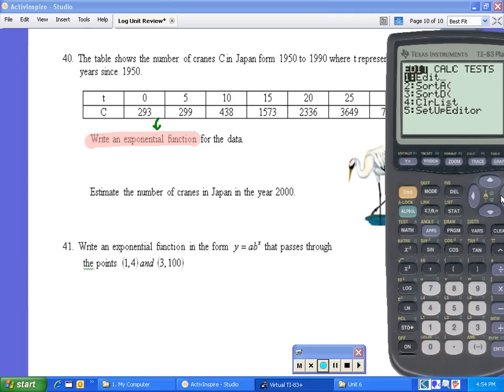Then you're going to go to Stat, Calc, 0, and that gives you your equation. Make sure that you round to 3 decimal places.